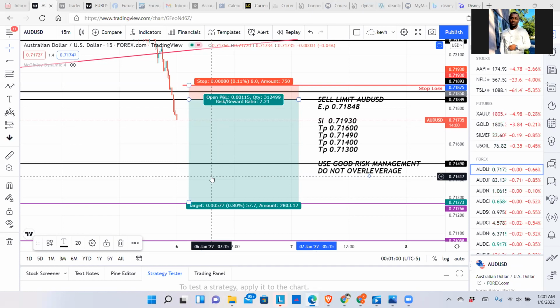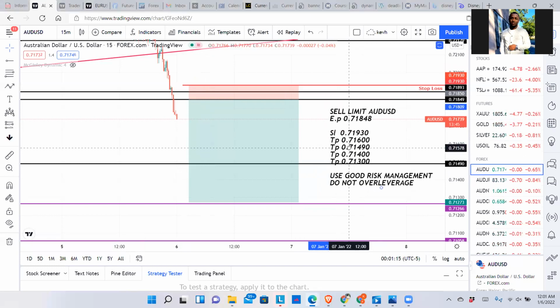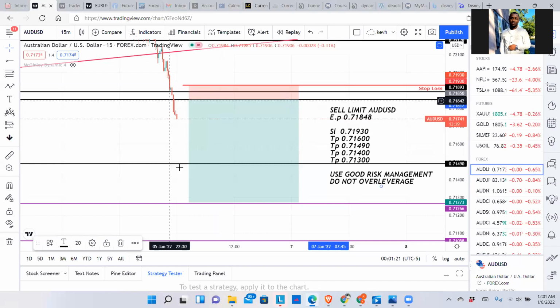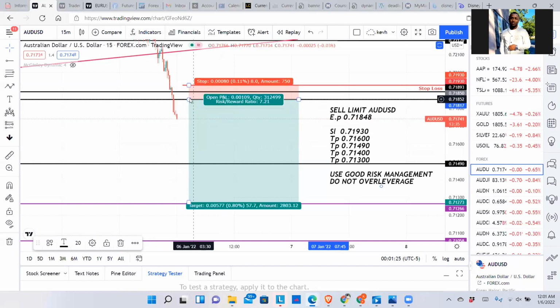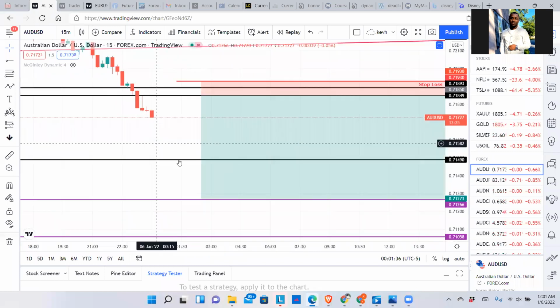So if you are looking at that trade, let's see how it does. But this is a potential sell limit in case the trade comes back up here, just in case, right? If it comes all the way down to 0.71600 without retracing, then we'll probably not see that pullback, because there was a small pullback on the 15 minutes.